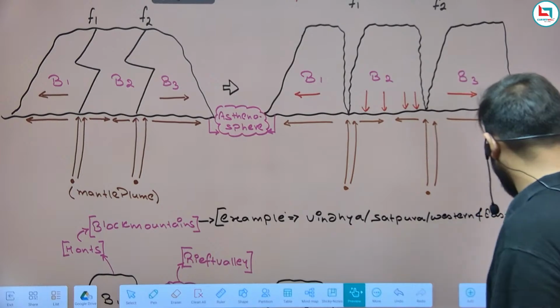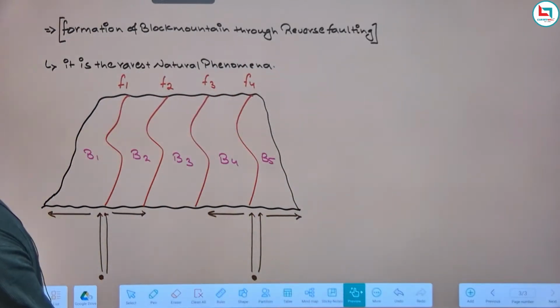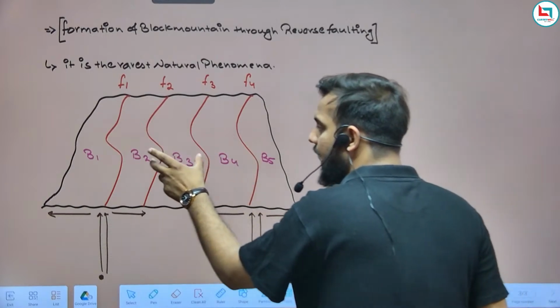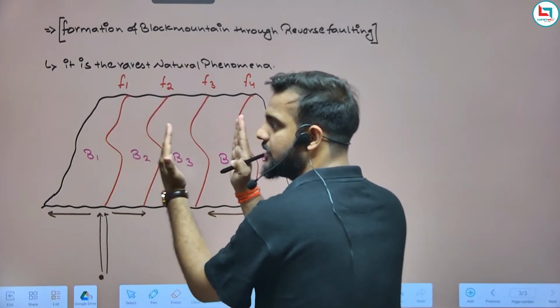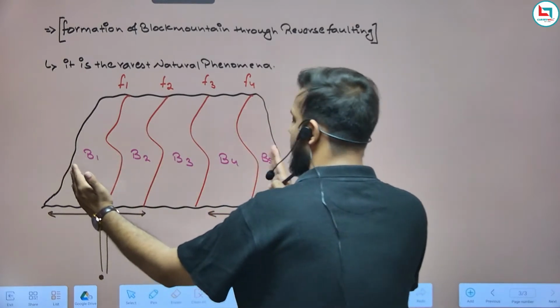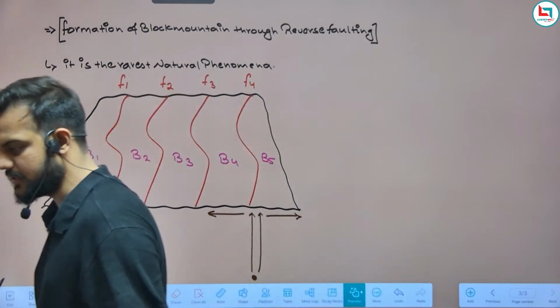But in reverse faulting, the situation is just the opposite. What's the situation in reverse faulting? Guys, in reverse faulting, B4 and B2, these two particular blocks, are converging with B3, and B1 and B5 are diverging from each other. Remember this thing.